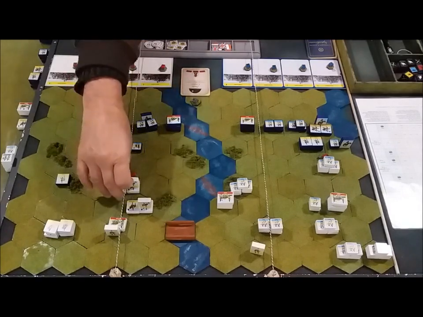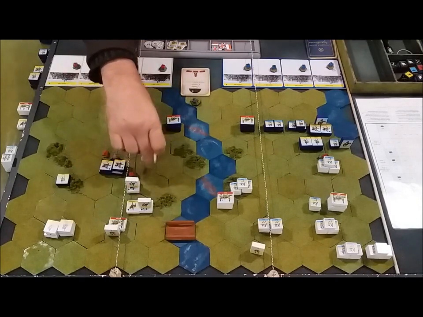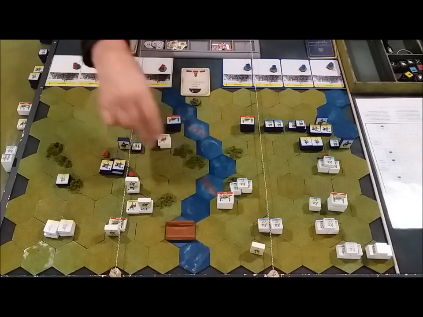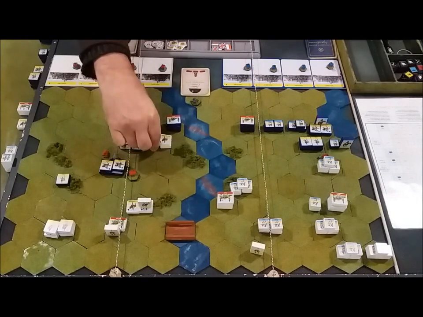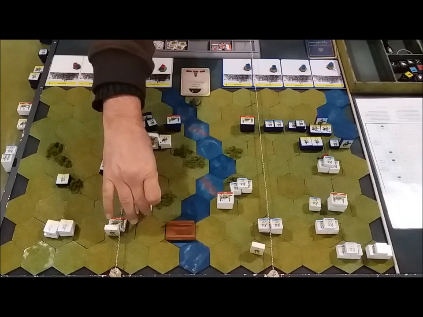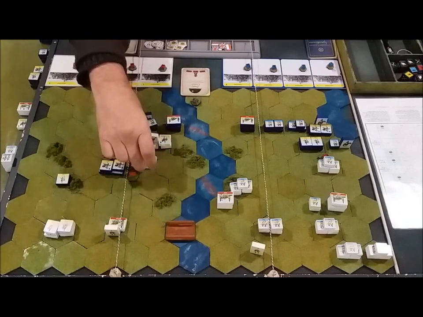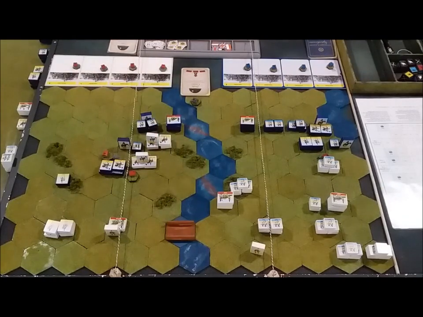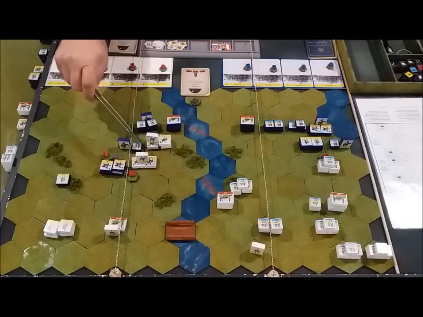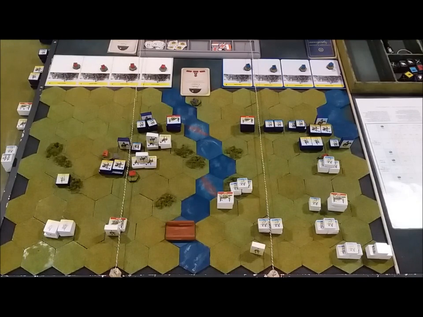Yes. Okay, so this heavy cavalry is going to go 1, 2 to here, and this heavy cavalry is going to go 1, 2 to here. Righto, so these heavy cuirassiers are going to attack this light unit here to start with.